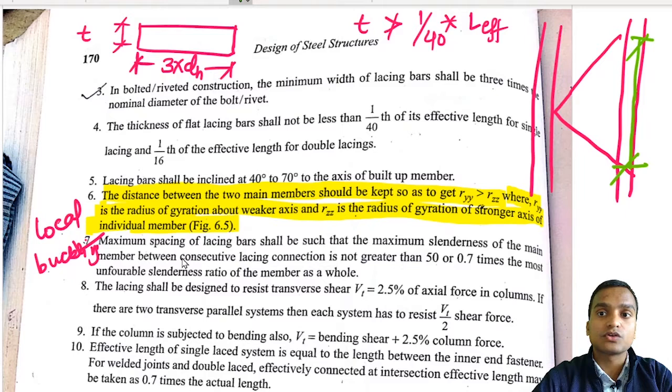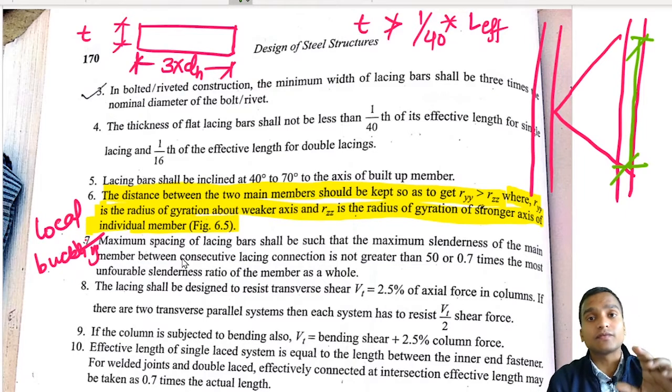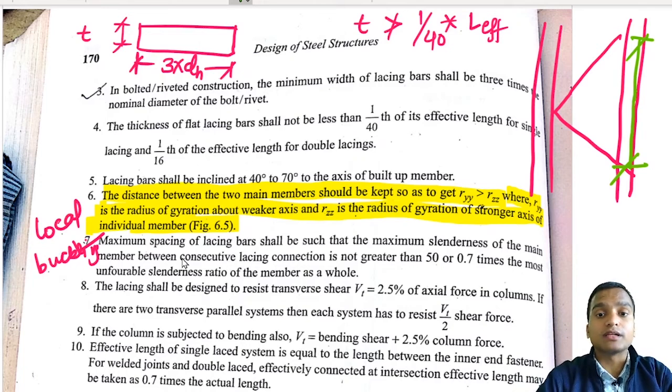In local buckling there is buckling of a local part of the member, whereas in global buckling the entire member gets buckled. So in local buckling the slenderness ratio should not exceed 50 or 0.7 times the global slenderness ratio. We will see in the numerical also how we do it.